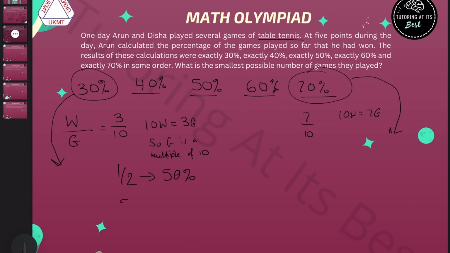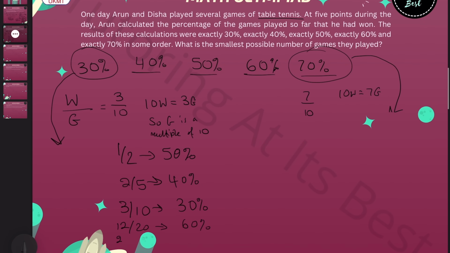Then 2 of the first 5 games would be 40%. Then 3 of the first 10 games would be 30%. So far, Aaron hasn't been so effective, but now his form picks up. He wins 12 of the first 20 games, which is 60%. And finally, 21 of the first 30 games, which gives us 70%. So we're getting all the correct percentages, so it is definitely achievable.